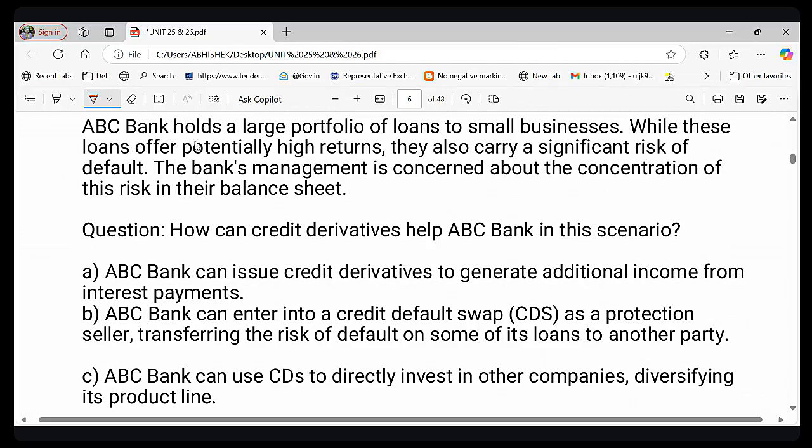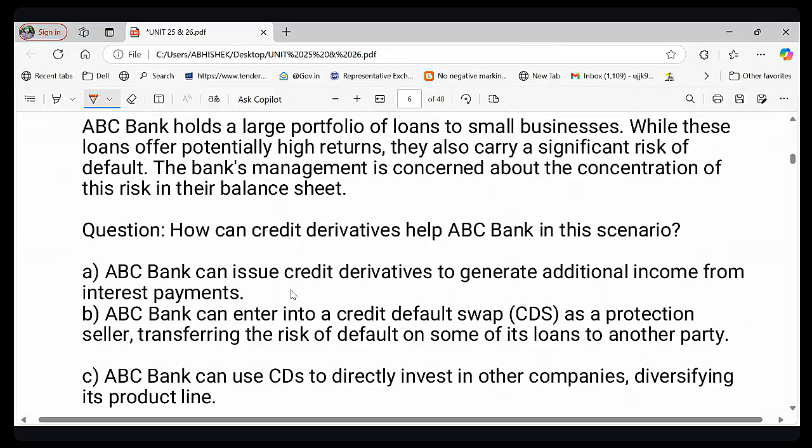ABC Bank holds a large portfolio of loans to small businesses. While these loans offer potentially high returns, they also carry a significant risk of default. The bank's management is concerned about the concentration of this risk on their balance sheet. Now the question is, how can credit derivatives help ABC Bank in this scenario?